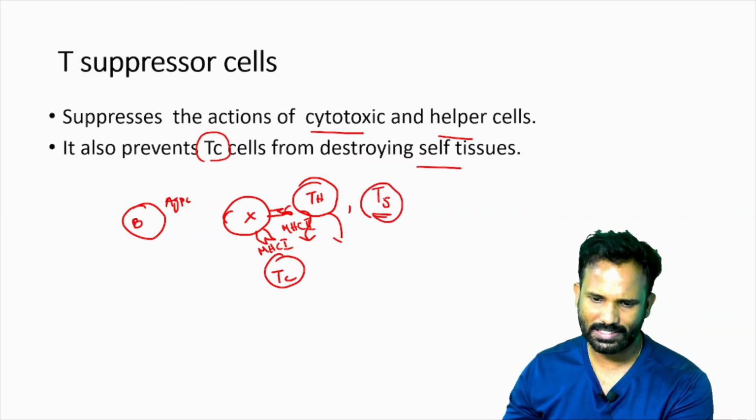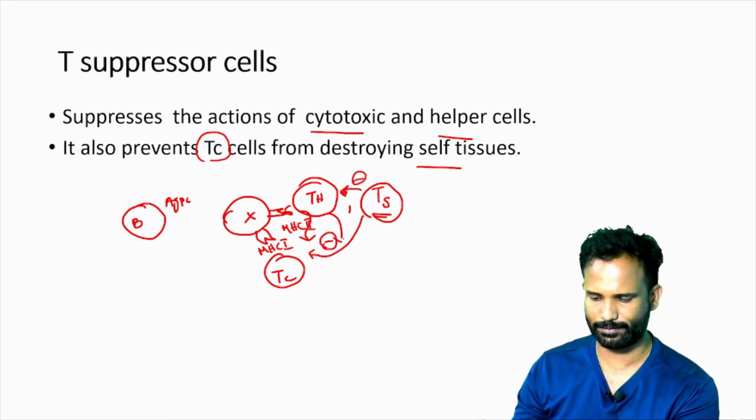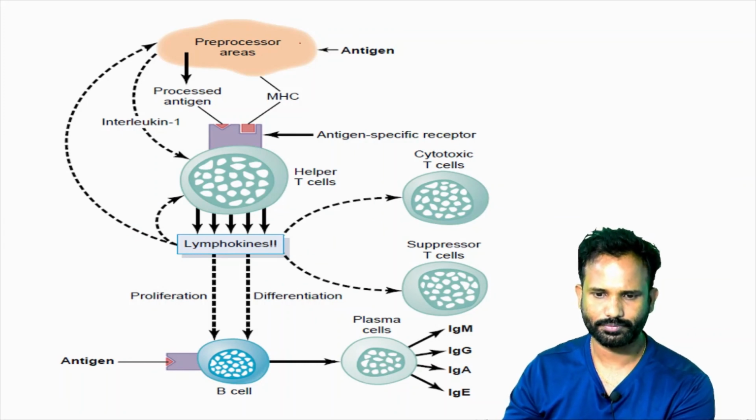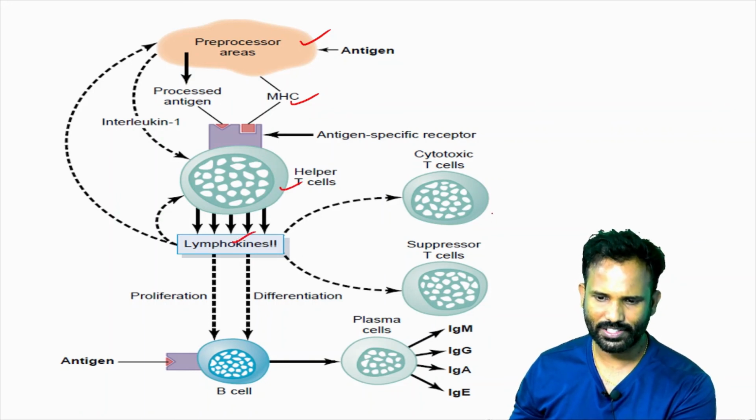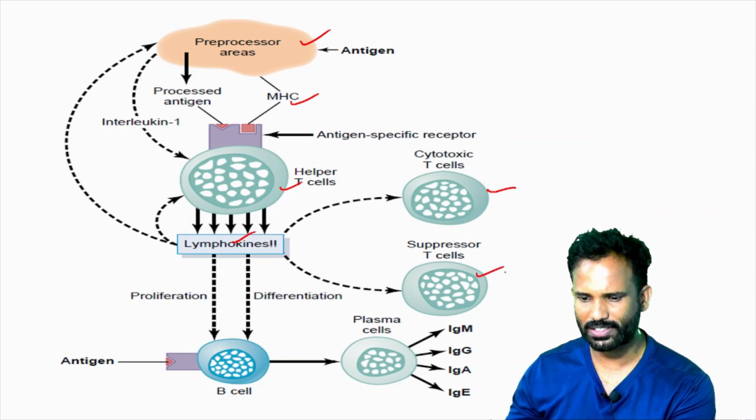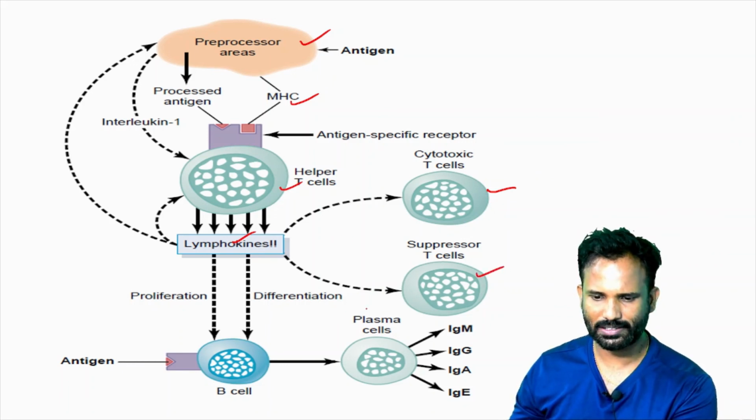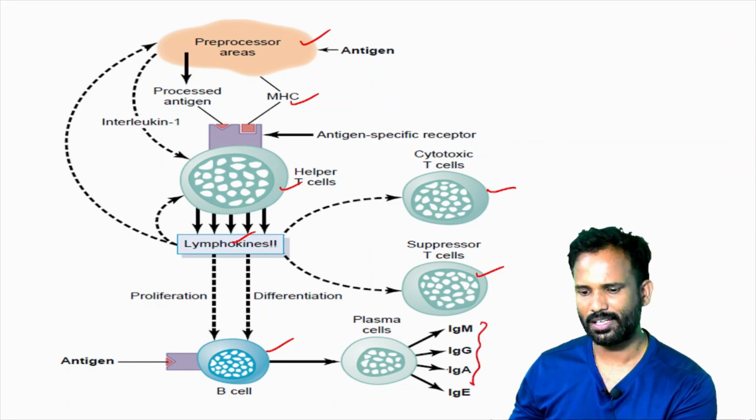This T suppressor will check the T helper and T cytotoxic cells from overacting. So, antigen is processed and presented to MHC, and that will cause activation of T lymphocytes that will secrete lymphokines, which will cause further proliferation of cytotoxic and suppressor cells, and also activate T lymphocytes, which produce immunoglobulins.